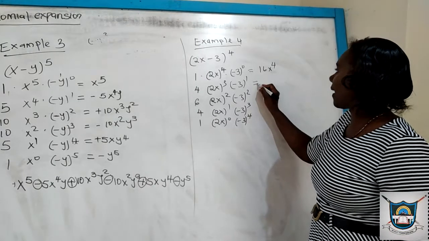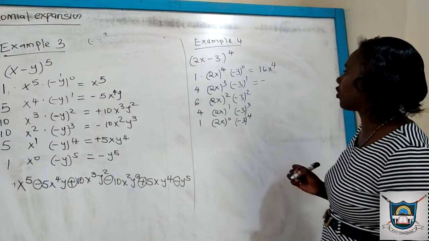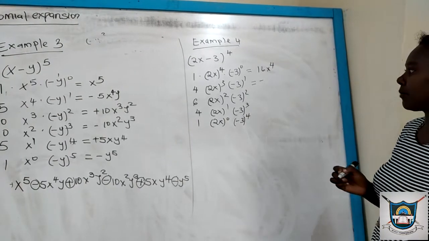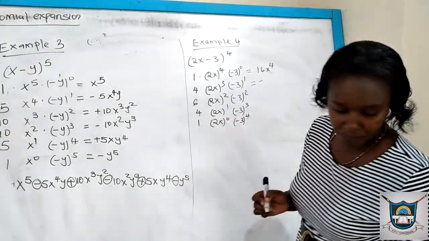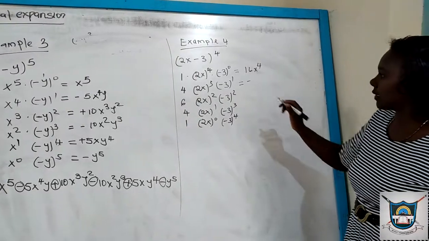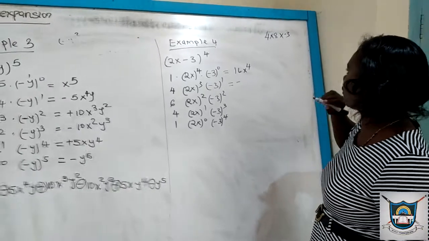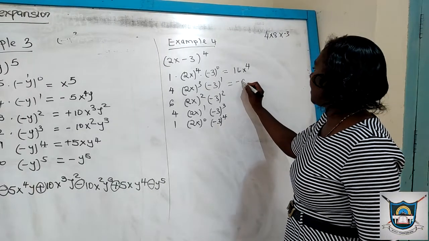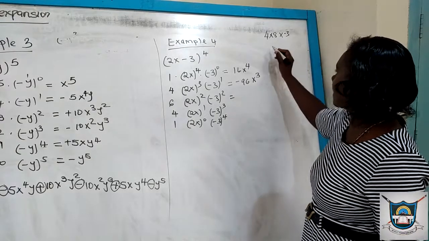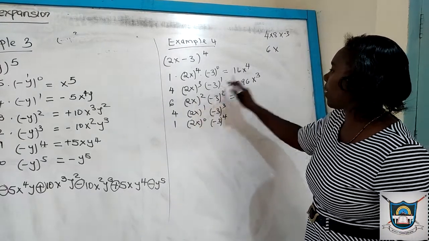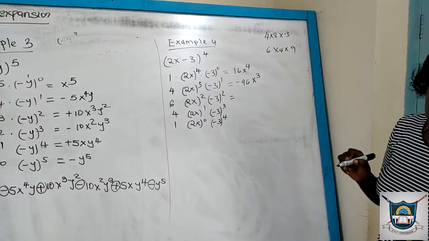The second one, since we have said it forms a pattern of positive, negative, is going to be 4 times 8 times negative 3, which is negative 12 times 8, which gives us negative 96x cubed. The third one will give us 6 times 2 squared, 4, times 9, which is 24 times 9.